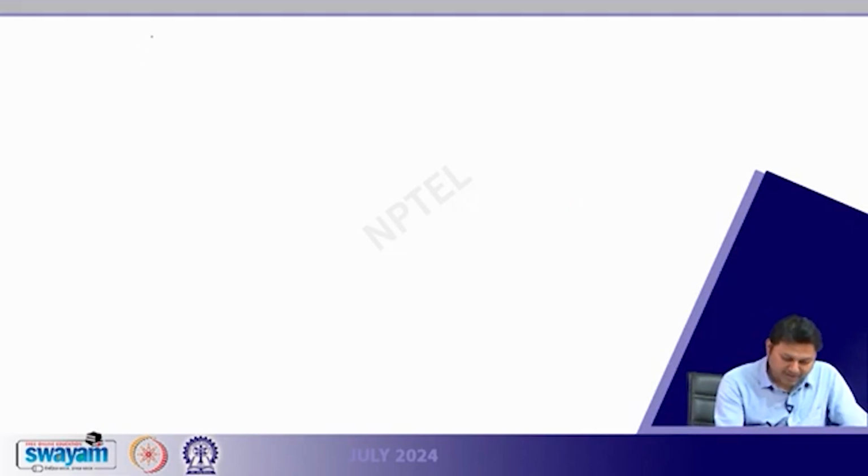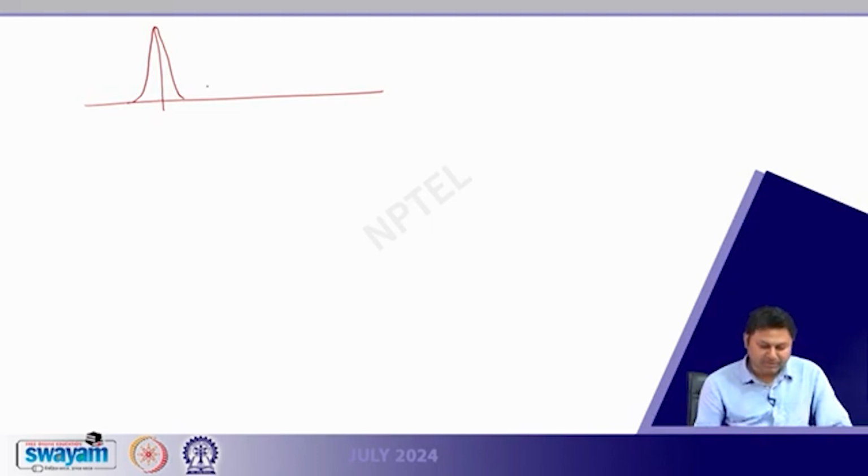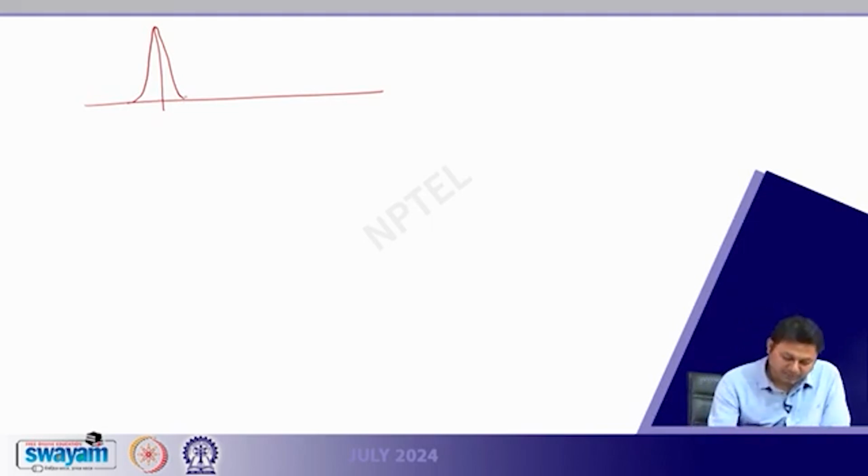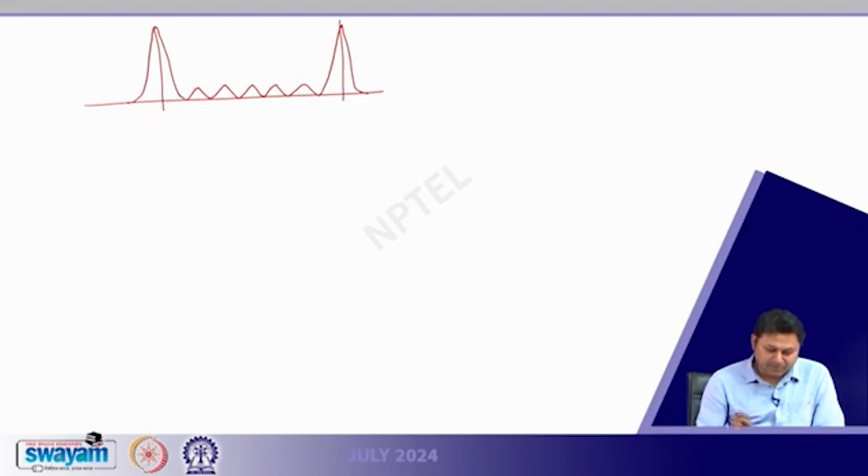We already had this spectral distribution, which comes from the sine square n alpha divided by sine square alpha term that we discussed. So we have a principal maxima, and then we have some secondary maxima and also some minima.